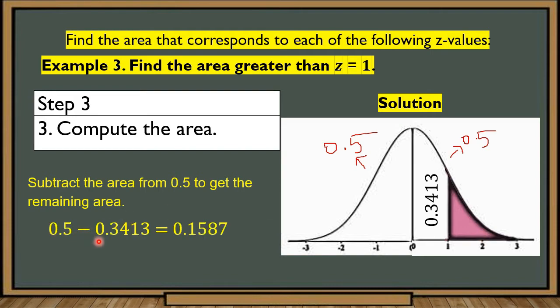So, 0.5 minus 0.3413, or 5/10 minus 3,413/10,000, is equal to 1,587/10,000.